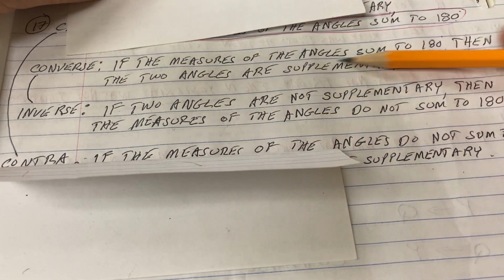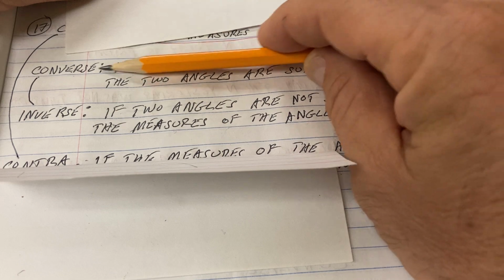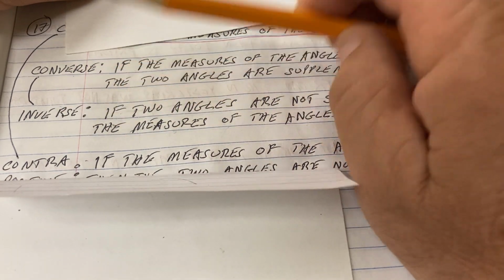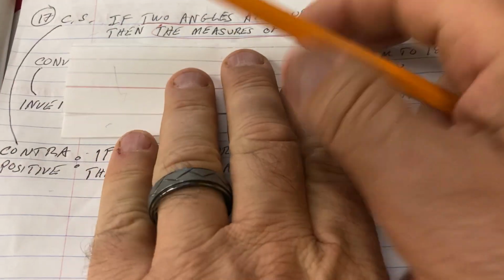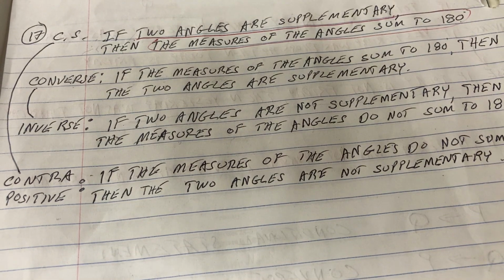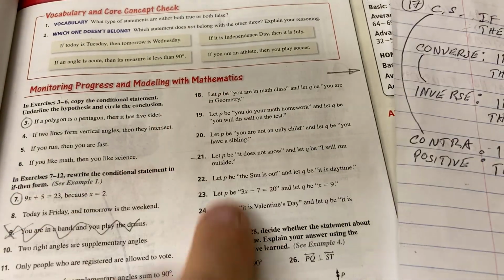That's a true statement. If that's true, then the inverse also has to be true. So in this case, all four are true. Oh, sweet, look at that. All four are true. And there we go.